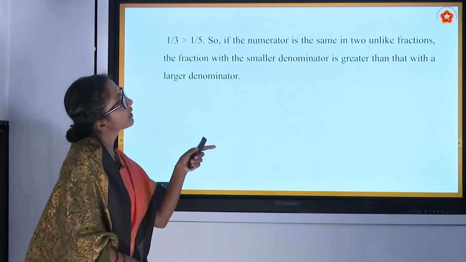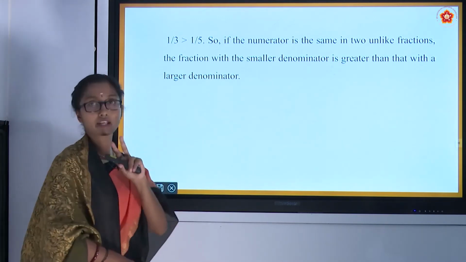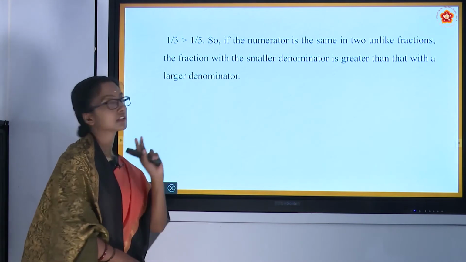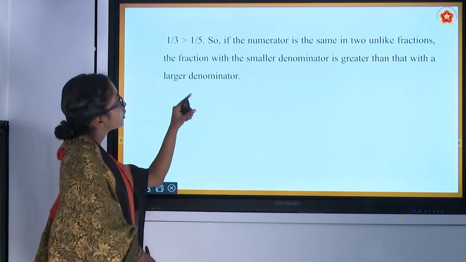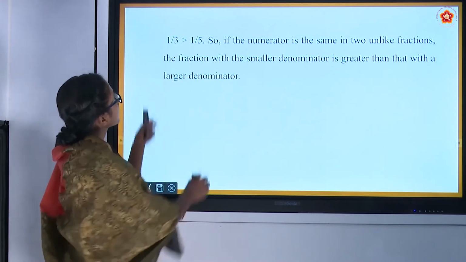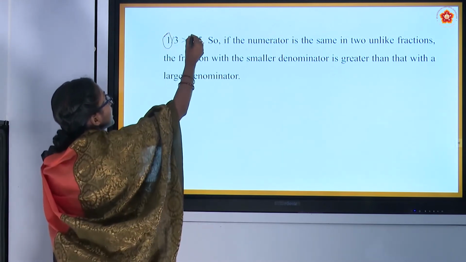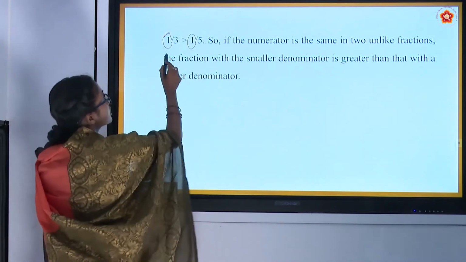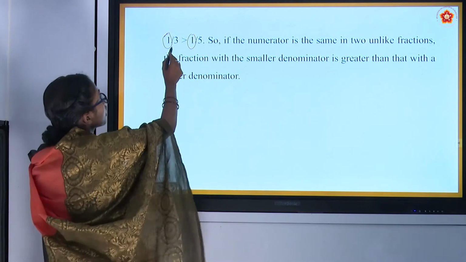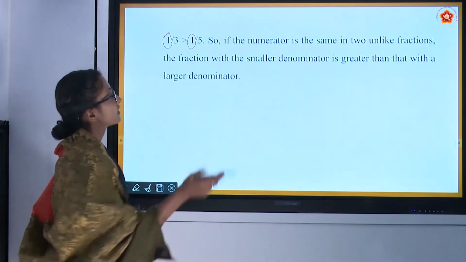So, if the numerator is the same in two unlike fractions, please concentrate on the sentence. If the numerator is the same in two unlike fractions, these both are unlike because the denominators are different.